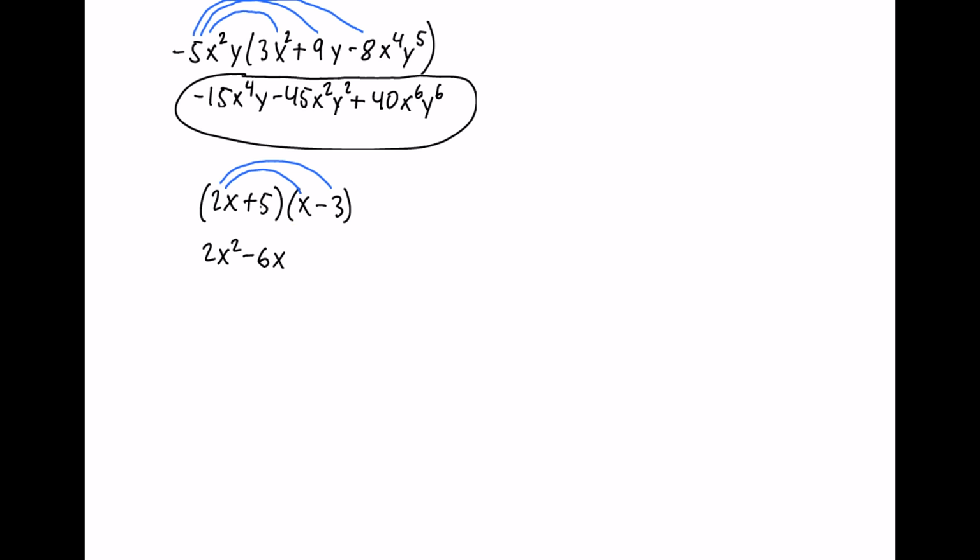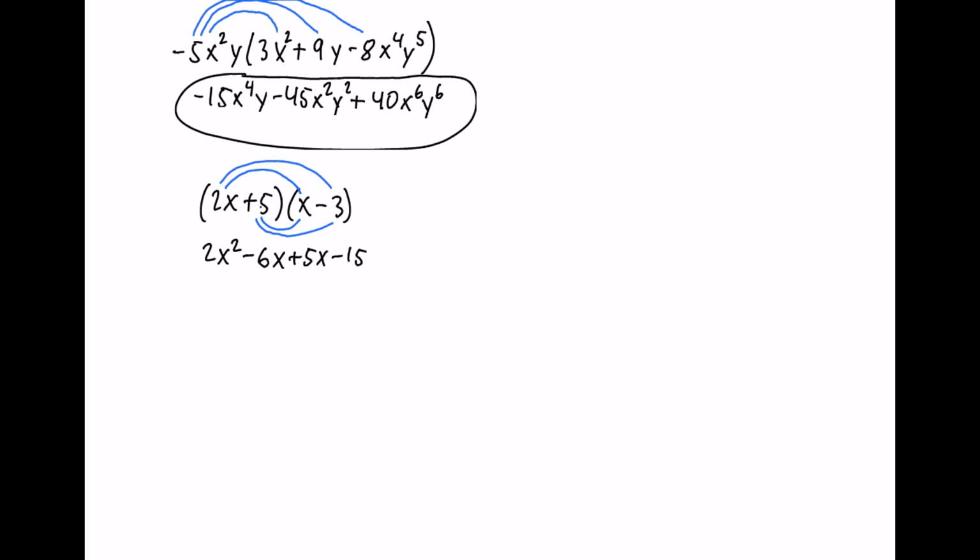Then we've done everything with the 2x, so now we want to multiply the last term by each of these. So 5 times x, which will give us a positive 5x. And then second term times the second term. 5 times negative 3 is a negative 15.